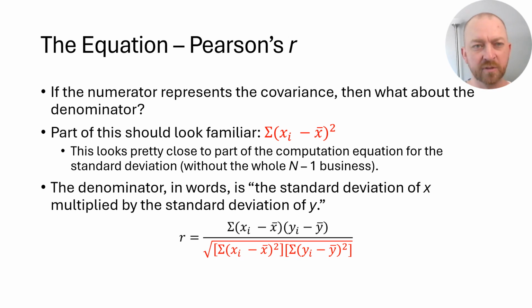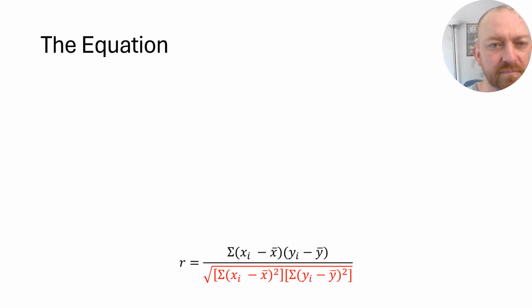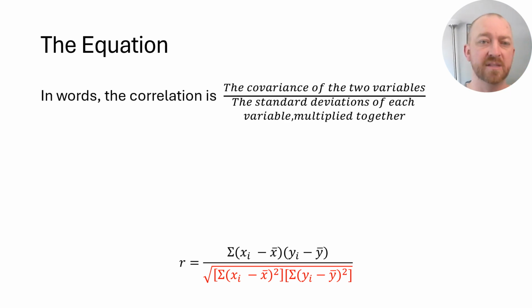So let's take an overall look now at the equation. In words, you could look at the equation like this. It's just the covariance of the two variables in the numerator. Then in the denominator, it's the standard deviations of each, multiplied together. And so the r correlation is simply the ratio of the covariance to the product of the standard deviations.